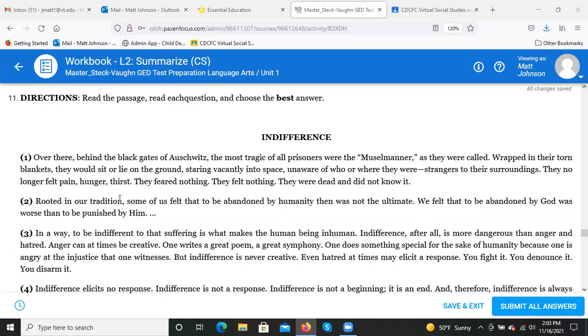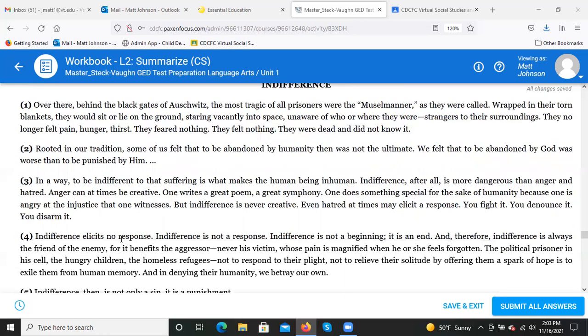One does something special for the sake of humanity because one is angry at the injustice that one witnesses. But indifference is never creative. Even hatred at times may elicit a response. You fight it, you denounce it, you disarm it. Indifference elicits no response. Indifference is not a response. Indifference is not a beginning, it is an end.